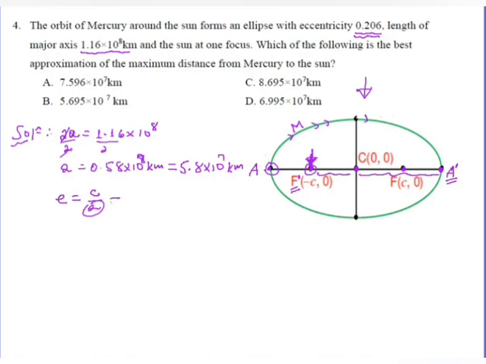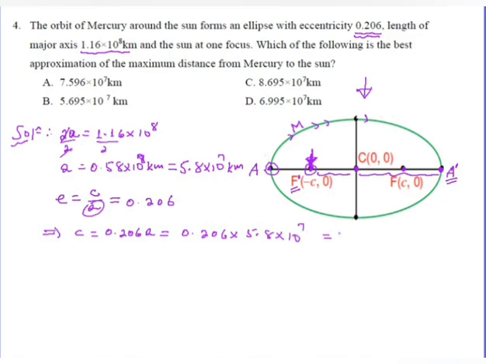So this is given as 0.206. So from this we can get that c is equal to 0.206 times a. This means 0.206 times a is 5.8 times 10 to the power of 7.